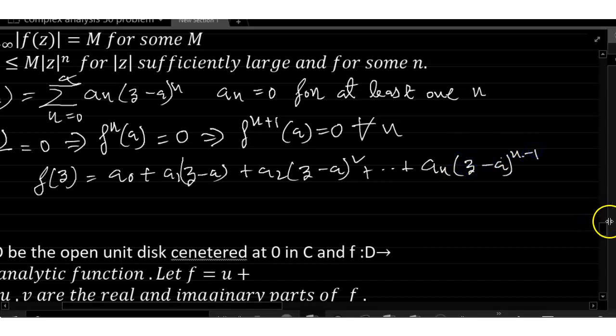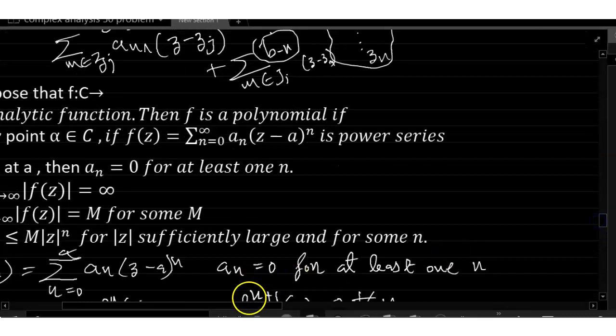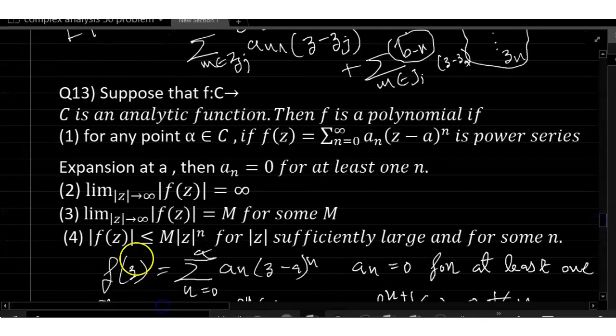So friends, any alpha belongs to C has a power series expansion with a_n equal to 0 for at least one n. This is true. And the second is also true: limit z tends to infinity, mod of f(z) equals infinity. And the third option is also true, and the fourth option is also true.